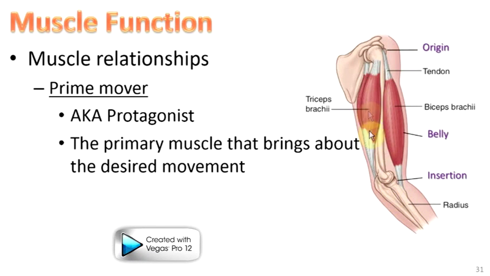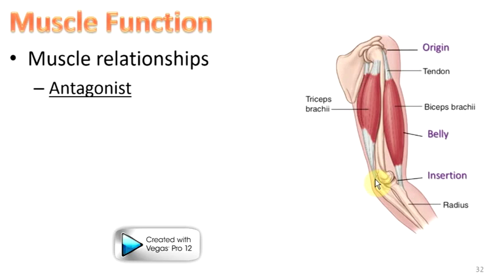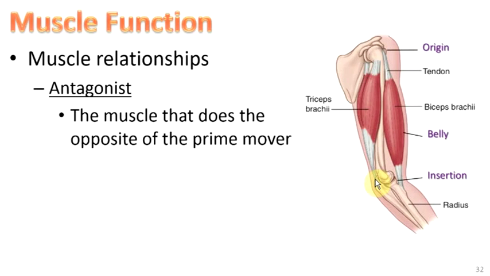And so, of course, that's going to be the triceps, which is on the other side here and attaches to the olecranon process at the insertion here. And that muscle is called the antagonist. So the antagonist, something that antagonizes something, does the opposite of what something wants. Like my kids antagonize each other constantly, right? And so this muscle does the opposite of the prime mover.